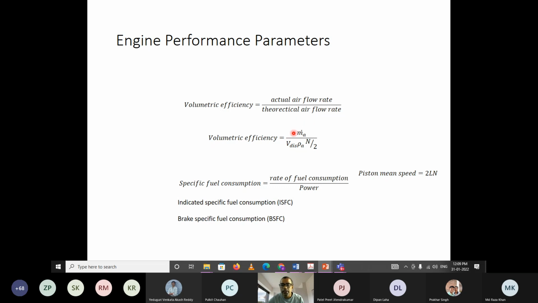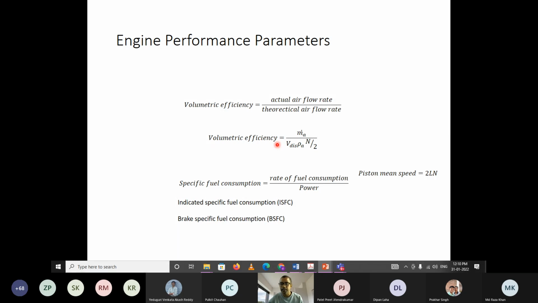Then we measure the actual mass flow rate, and the ratio of actual to theoretical gives the volumetric efficiency of the engine. It is a very important parameter, because it indicates how efficiently your engine is accommodating the air.